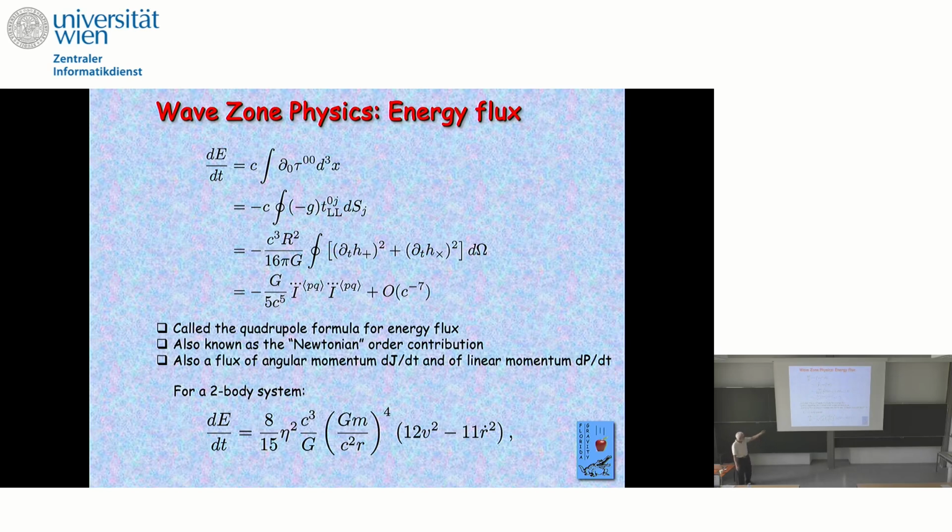And using the same method, you can calculate the flux of angular momentum from, say, a binary system, and the flux of linear momentum as well, using similar approaches. Ironically, this formula, this quadrupole formula, was first calculated by Einstein in 1916. Einstein felt that his theory would predict waves, because after all, he built it on the foundation of Maxwell's theory. He knew Maxwell's theory inside and out.